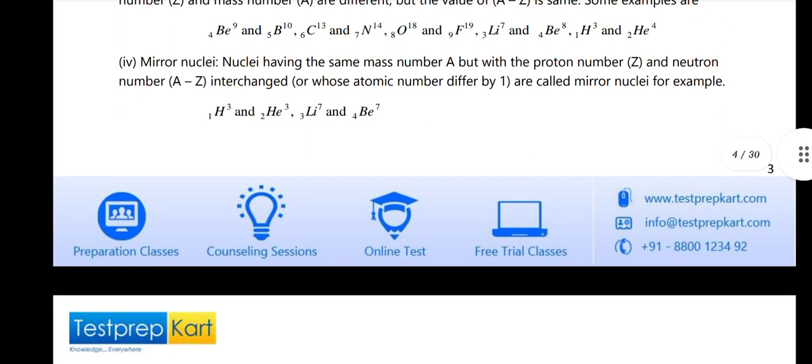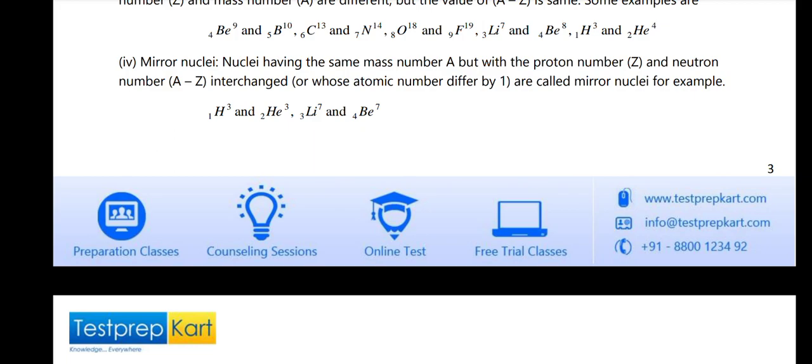Fourth is mirror nuclei. Here nuclei have the same mass number A, but the proton number Z and neutron number A minus Z are interchanged, or whose atomic number differs by 1. So if the atomic number differs by 1, then we call it mirror nuclei.